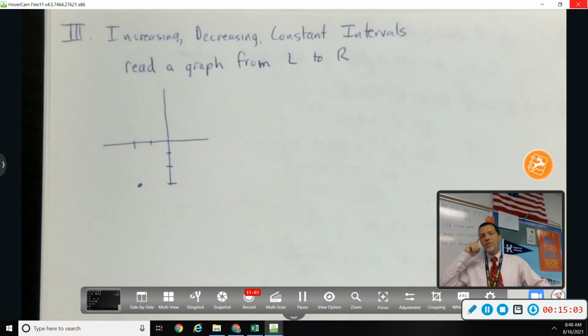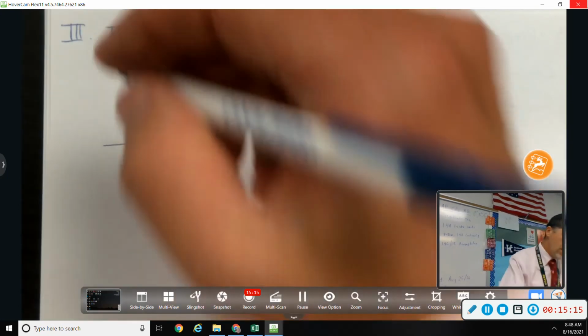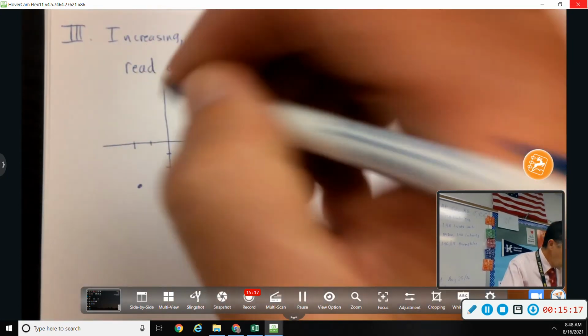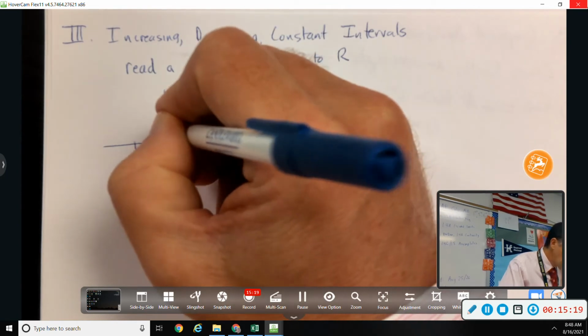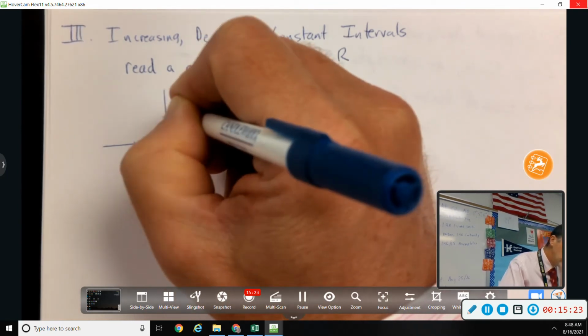Rarely do I ask you to copy down a graph exactly like I have it, but this is one of those times. So let's put a point at -2, -3, and a point at 1, 2.